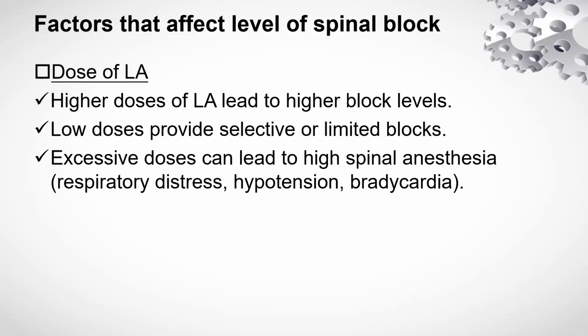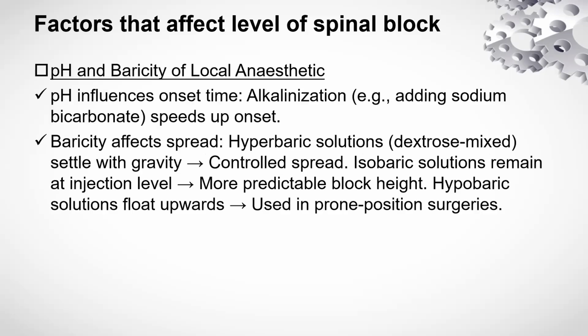The dose of the local anesthetic agent also plays a role in the level of block. Higher doses will lead to higher block levels, and vice versa. You are required to know the dose you are going to give vis-a-vis the level of block you want to achieve. Excessive doses can lead to high spinal or total spinal.